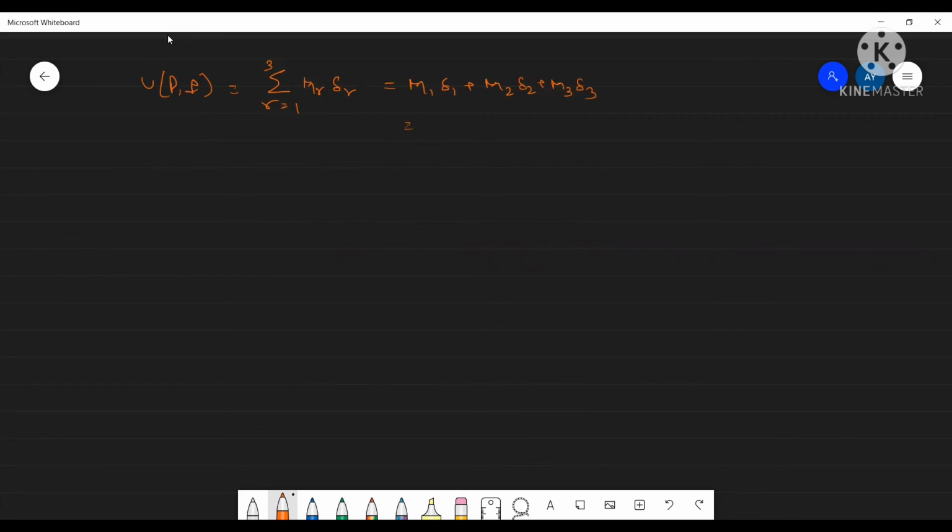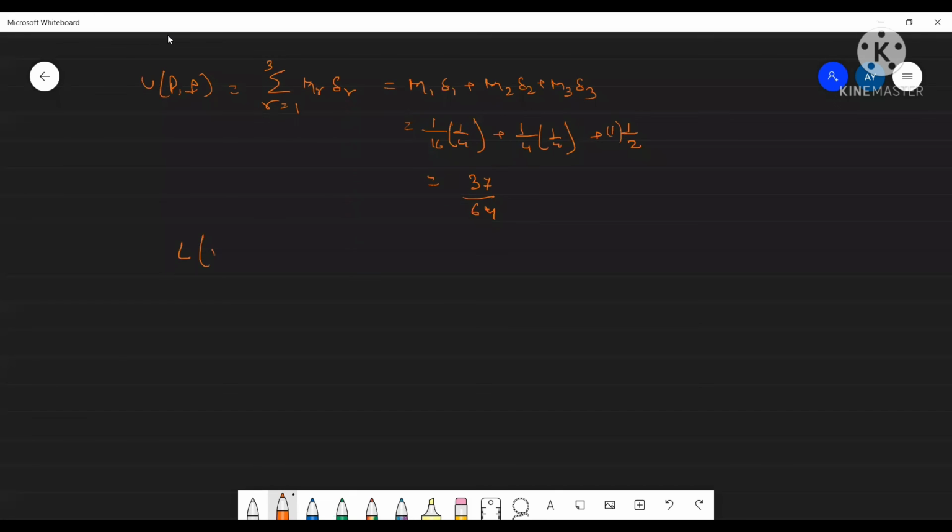So what are the M1 and delta 1 values? 1 by 16 into delta 1, which is 1 by 4, plus M2, which is 1 by 4, into 1 by 4, and then M3 is 1, into delta 3, which is 1 by 2. So the value for this will be equal to 37 by 64. So UPF is 37 by 64.